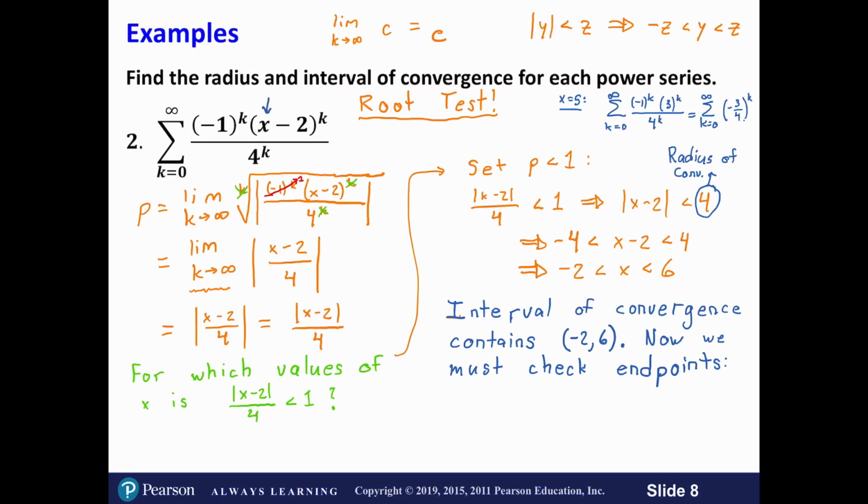And so for x equals 5, the thing converges. But for numbers like x equals 7, you would get negative 5 over 4 inside this parenthesis, and that would diverge. Okay?